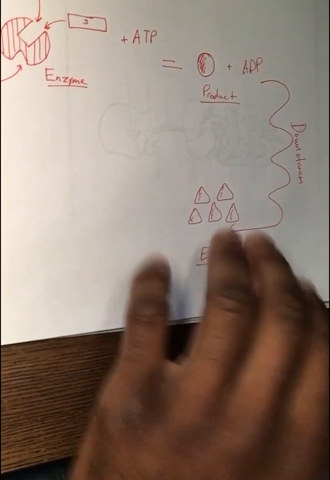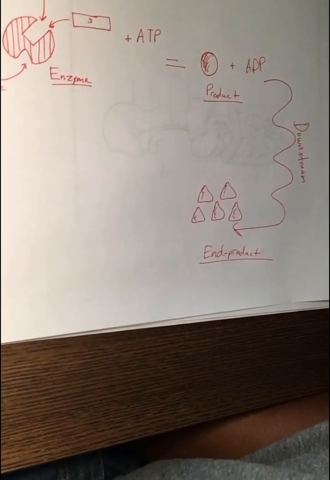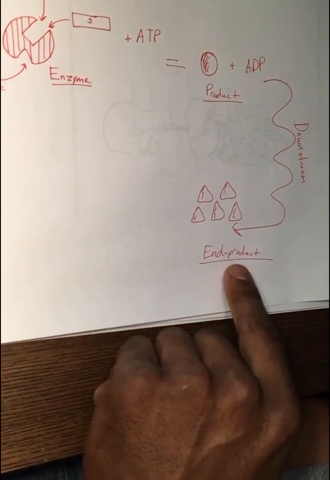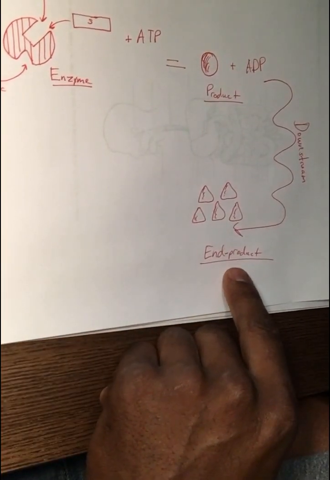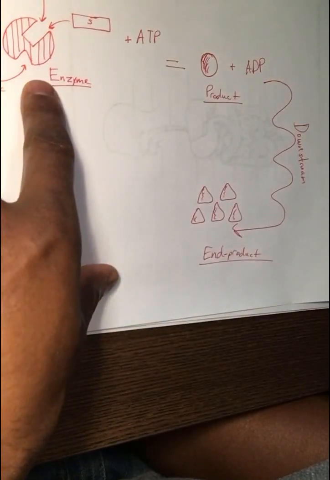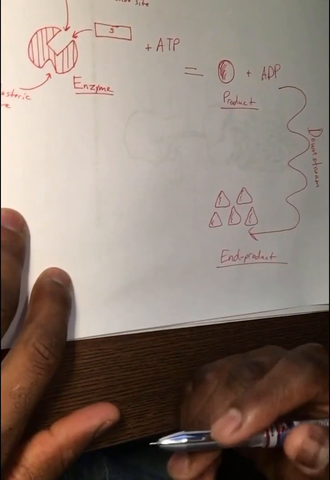As we talked about, allosteric modification is heavily based on the concentration of some reactant, typically an end product, or I would say downstream from that rate limiting step reaction.